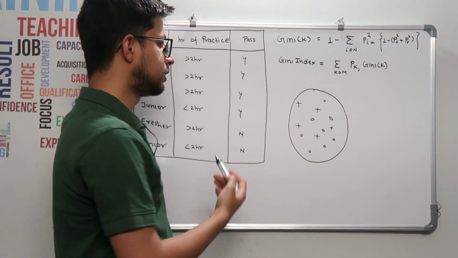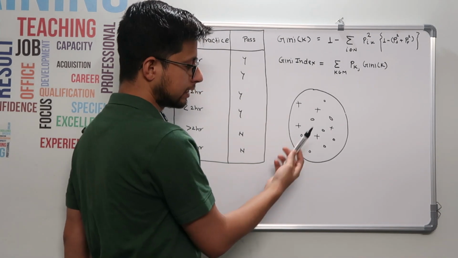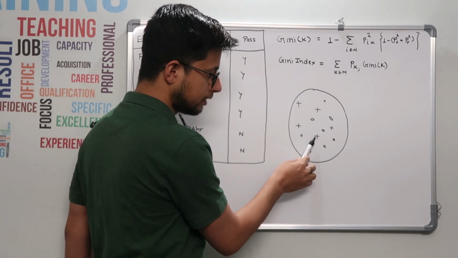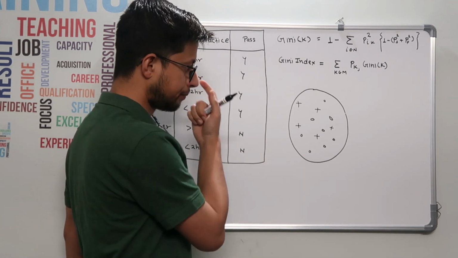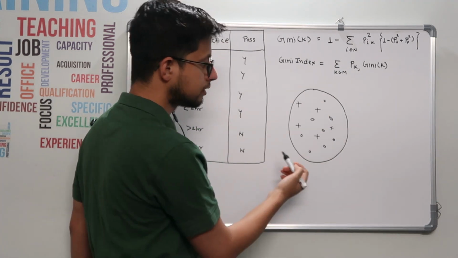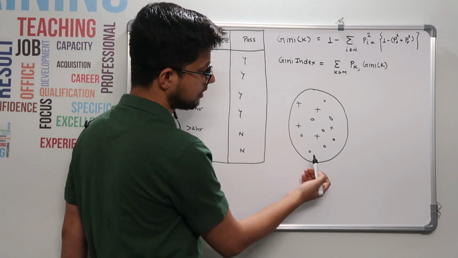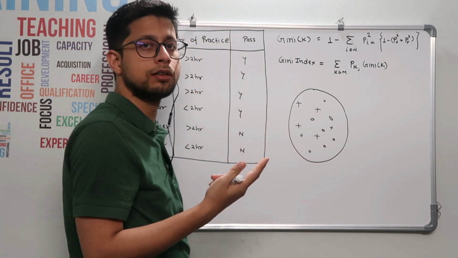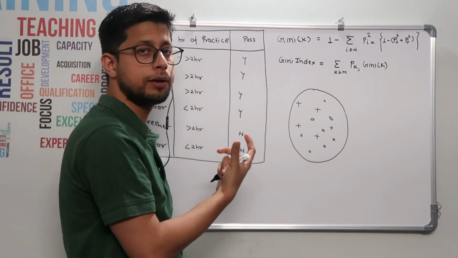Now you see here in this whole data set we have both the classes available. One is denoted by plus sign, the other by this bubble sign. So this whole data set is not pure, correct? Because we have a mix of both the classes. And what is the mix? How much percentage of both classes there are? That tells you the impurity.